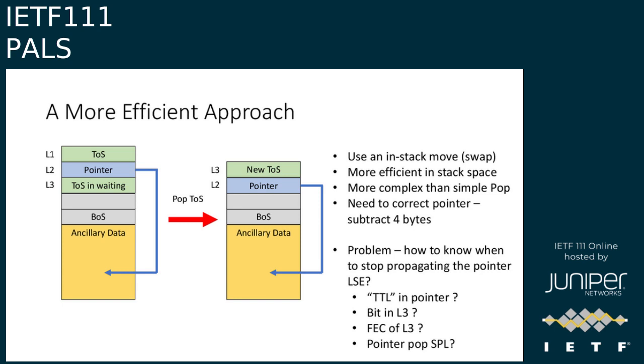When you move the pointer, of course, you're going to have to do a correction, but that's only subtract 4 bytes from the pointer. There is, of course, a problem, which is how do we know when to stop propagating the pointer? Do we do this with some sort of TTL in the pointer? Do we do this with a bit in label 3 that says whether to propagate or not? Do we do it with the FEC of label 3? I guess I'd rather not. Or do we point to a piece of auxiliary data which says when we're to pop the SPL? Next slide, please.